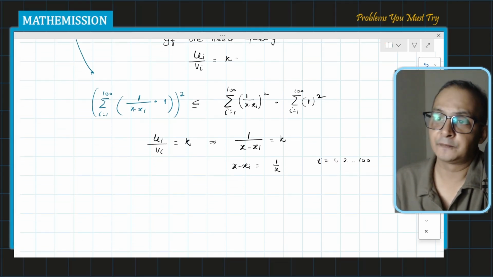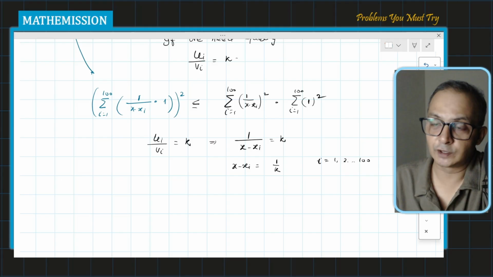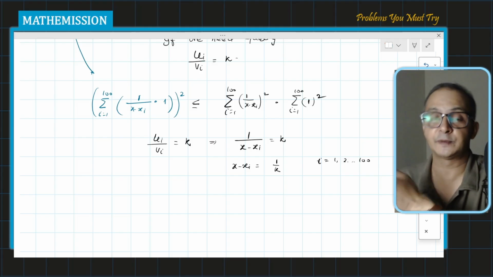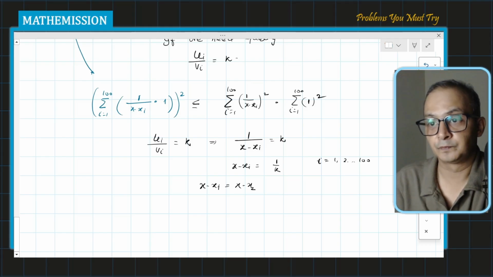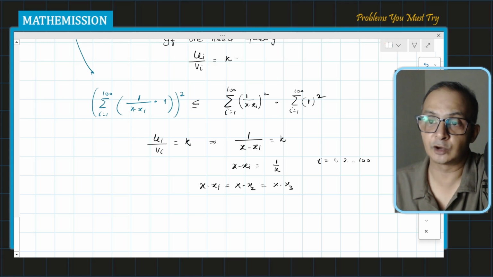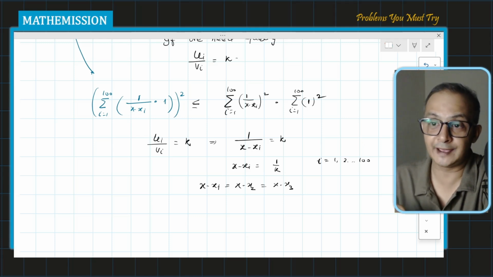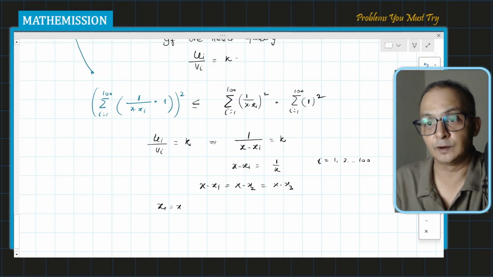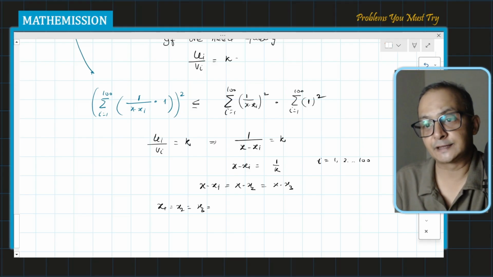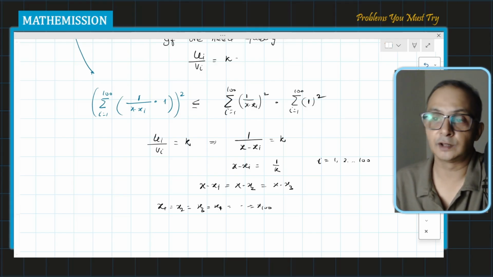Whatever subscript you give to xi, each of them must be equal to 1 by k. So x minus x1 is equal to x minus x2 is equal to x minus x3. All the factors are equal, so x1, x2, x3, x4 are all equal.